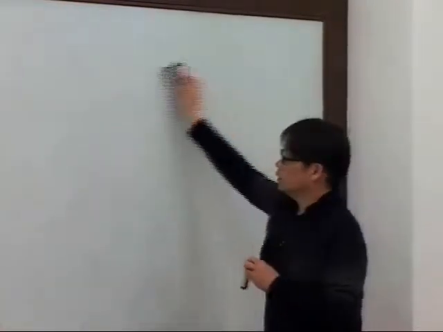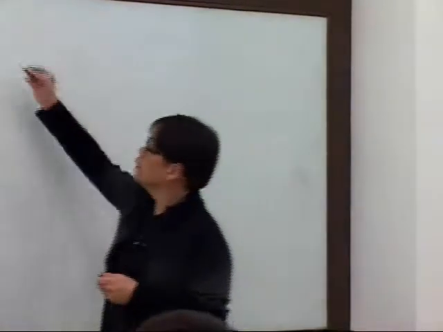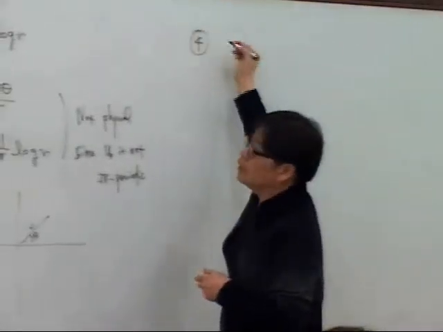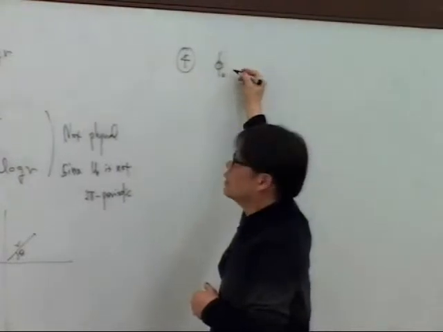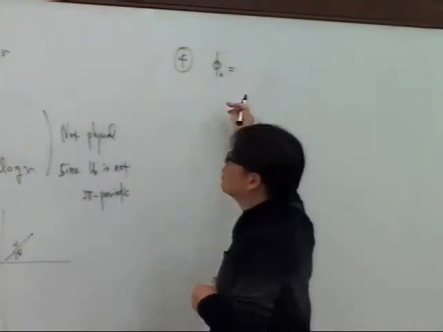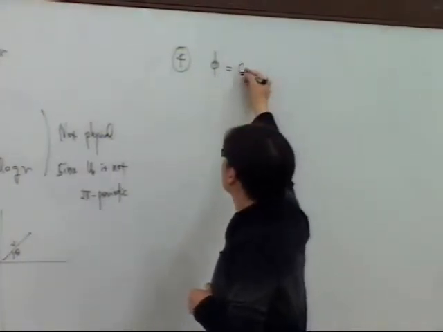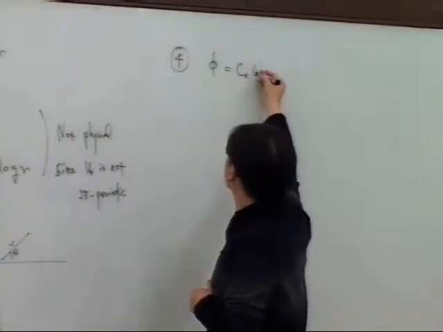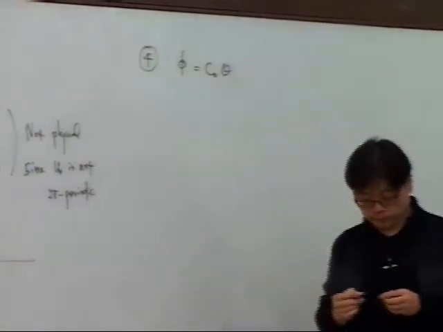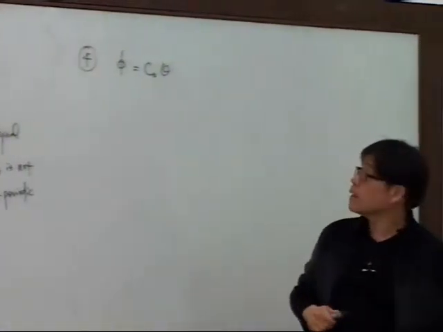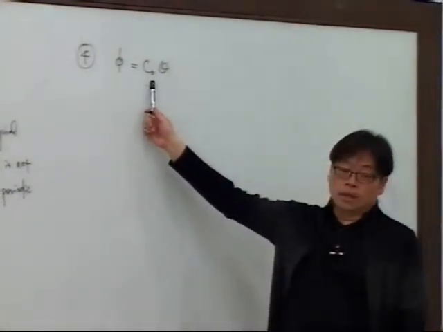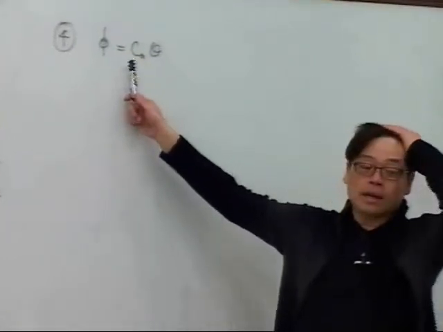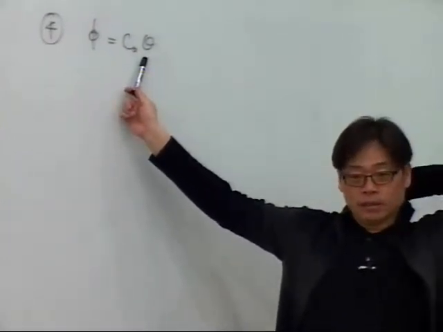And the last term is when the velocity potential is linear in theta. Phi is not 2 pi periodic.